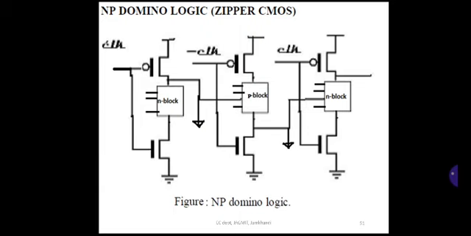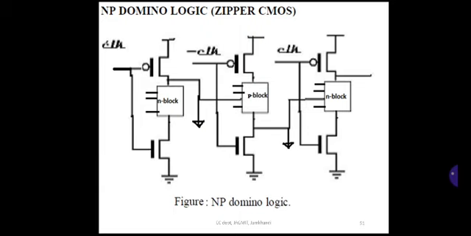there is no need of an inverter here in between. As you can see in the previous structure, that is domino CMOS structure, the inverter was required. So the inverter is not essential here in the zipper CMOS logic. That's why it is called a refinement of the domino CMOS structure.